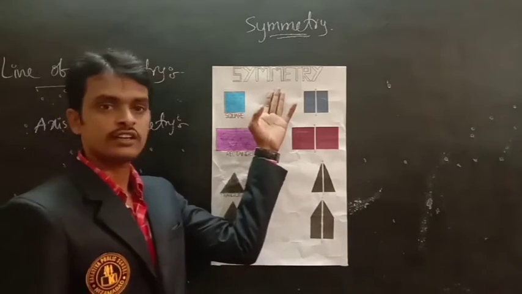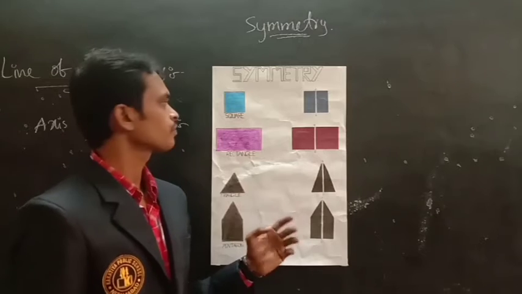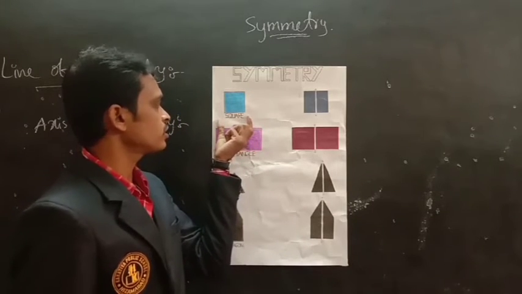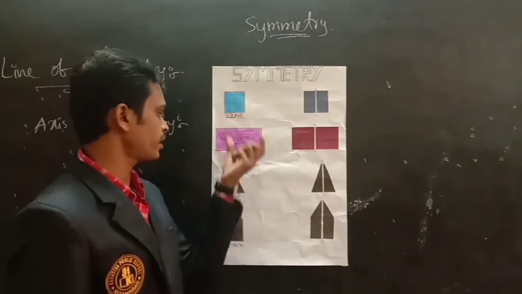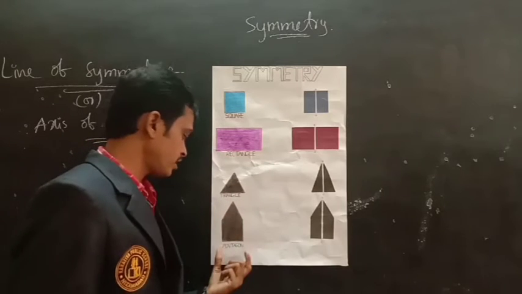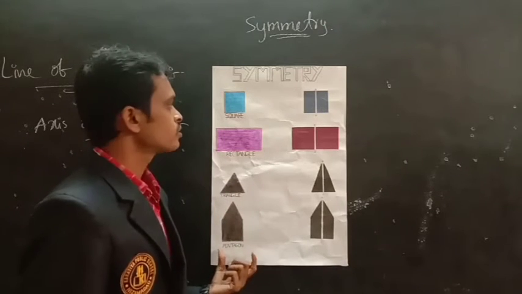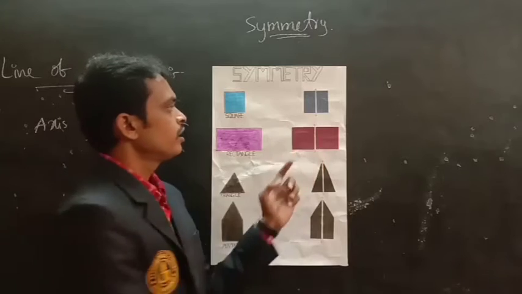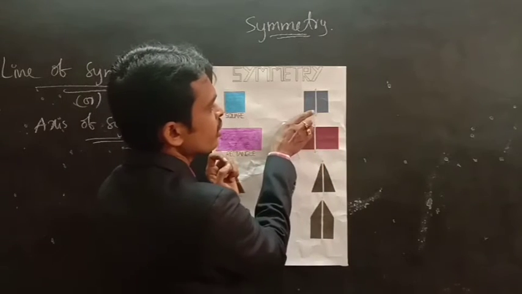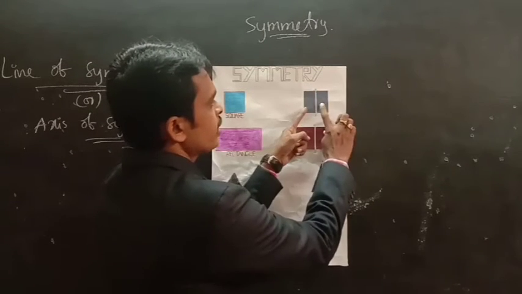So look at the chart about line of symmetry. I took some geometrical shapes: square, rectangle, triangle and pentagon. Here the square is divided along the dotted line, into two parts.